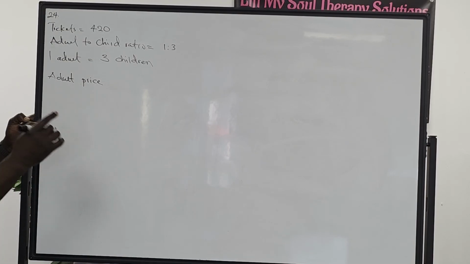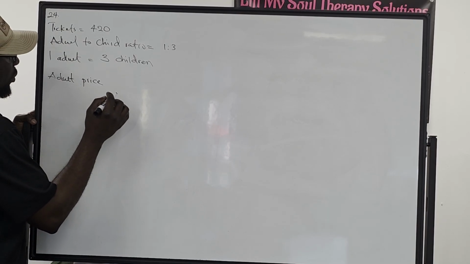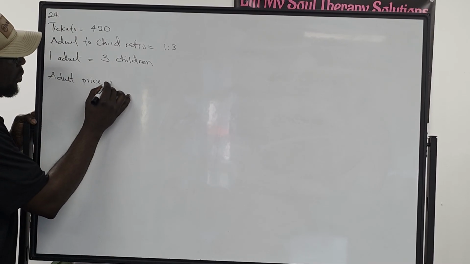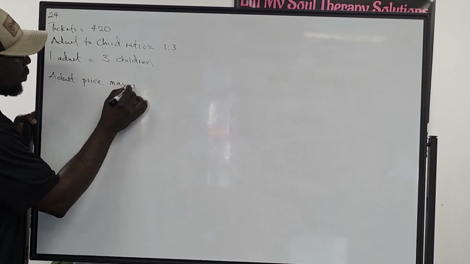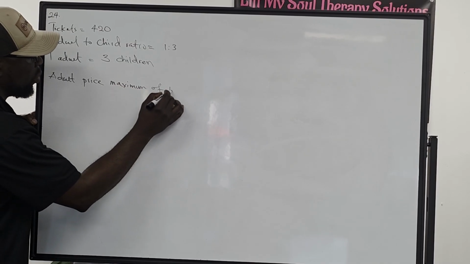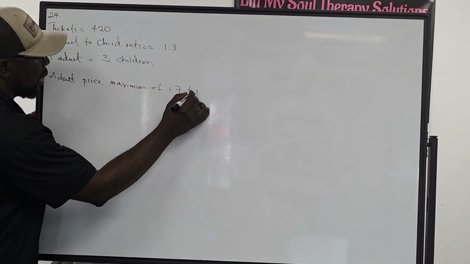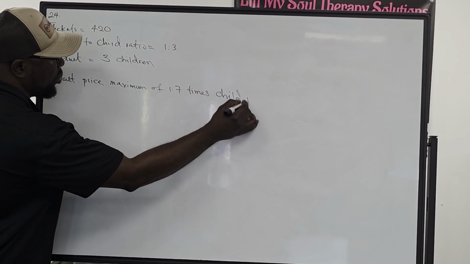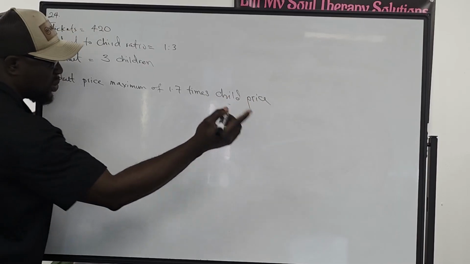What that is saying is the adult price is 1.7 times maximum of the child price. That's what that statement means.